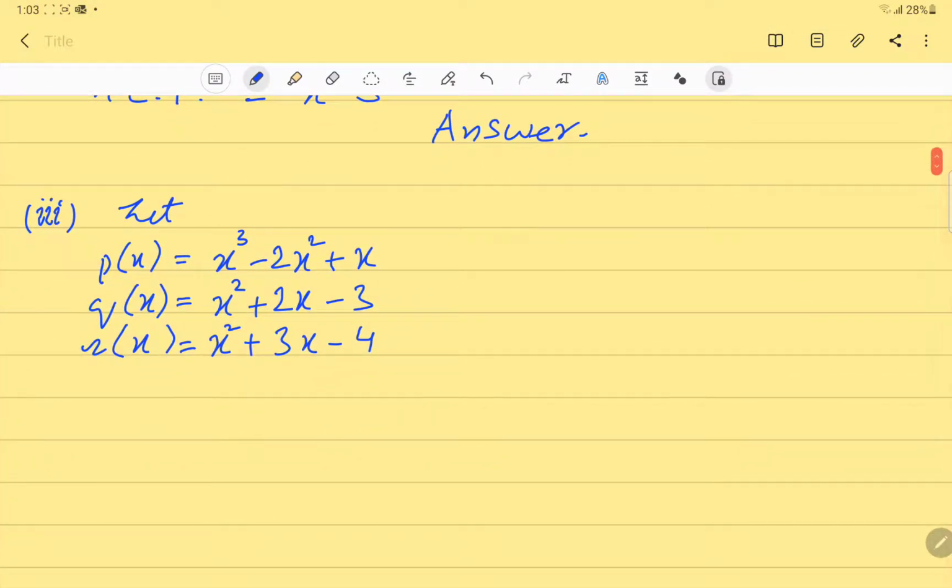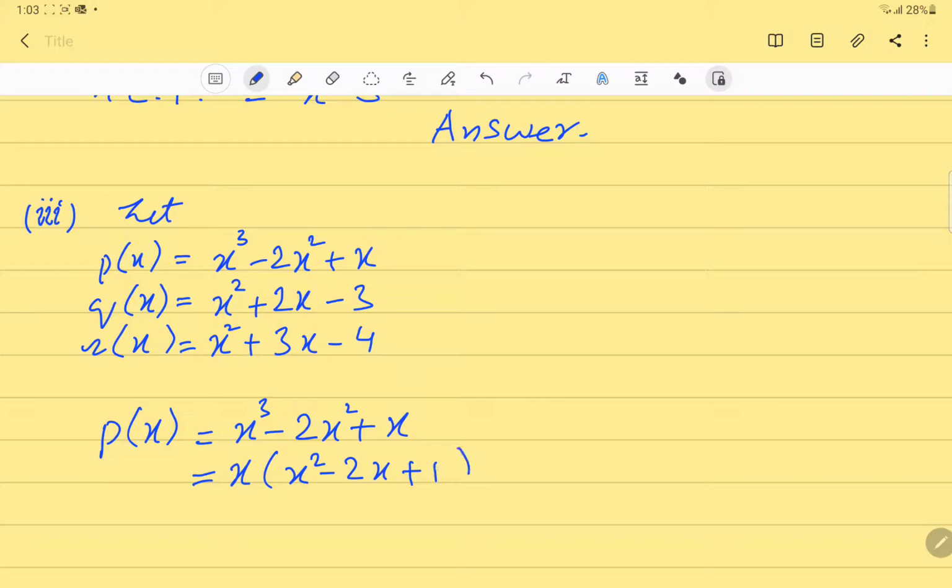Now let's go on with the factorization of these three. We take the first one. You can see x is common in all the three terms, so we'll take x common. X squared minus 2x plus 1.